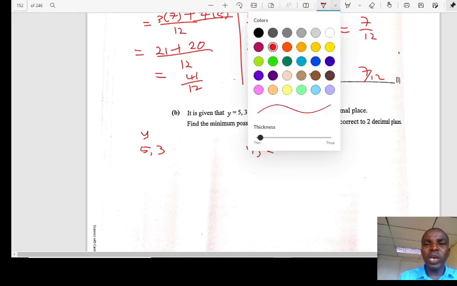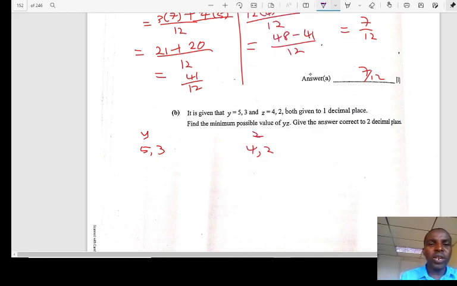If these values were rounded off to 1 decimal place, on y it's 5.3, the value 3 is the one that was rounded off. So either we didn't add anything to 3 or we added 1 to 3. Maybe it was 2, we have to add 1, or we didn't add anything.